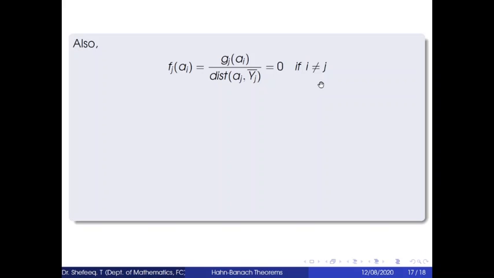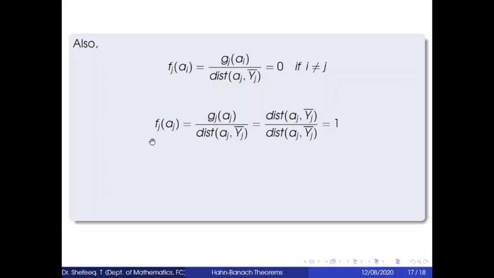Now if i is equal to j, then what will happen? fj(aj) is equal to, by definition, gj(aj) divided by the distance of aj from Yj bar. We have gj(aj) is the distance of aj from Yj bar. This already we have. So this means fj(aj) is equal to 1.